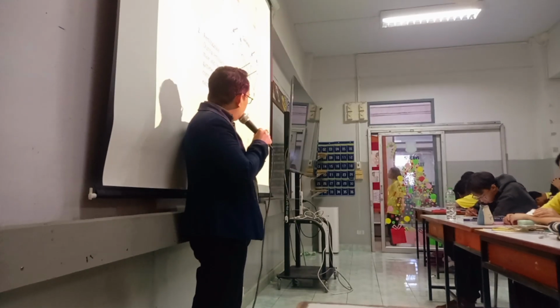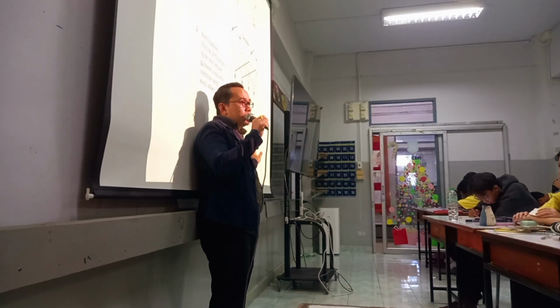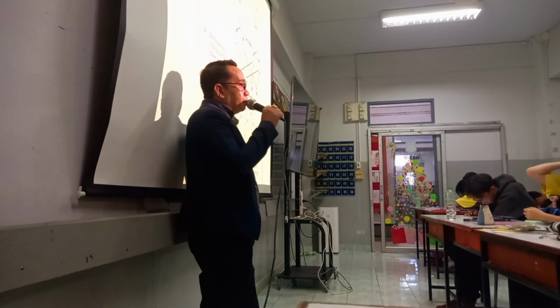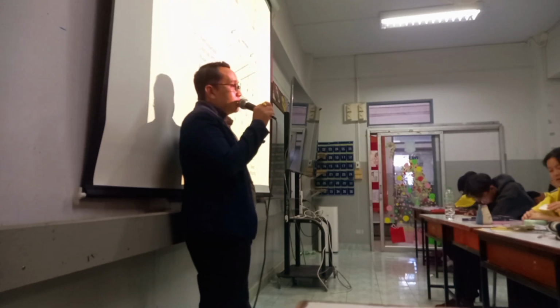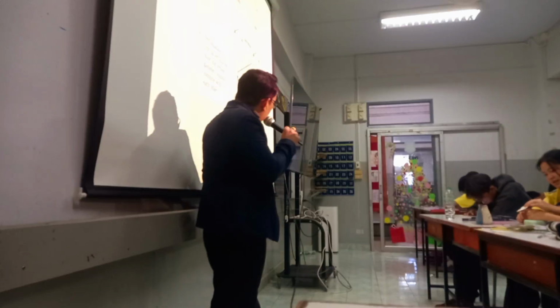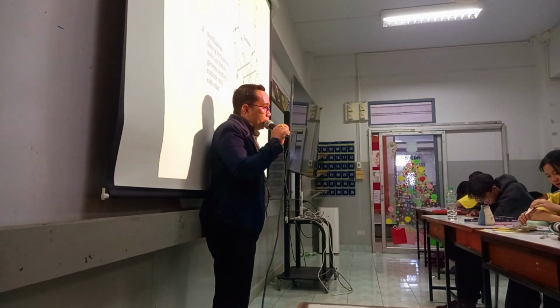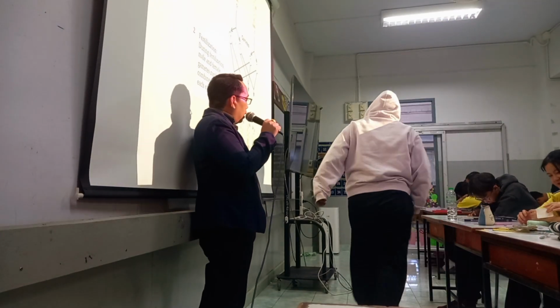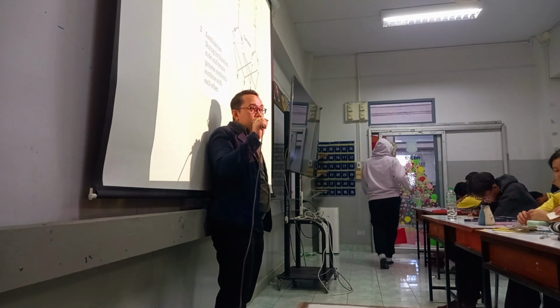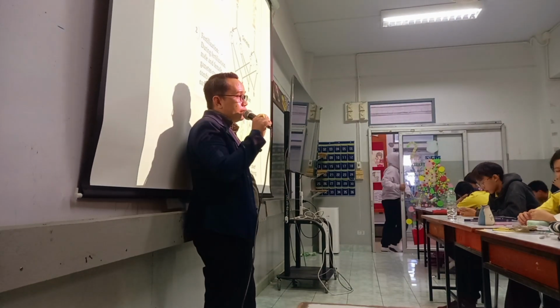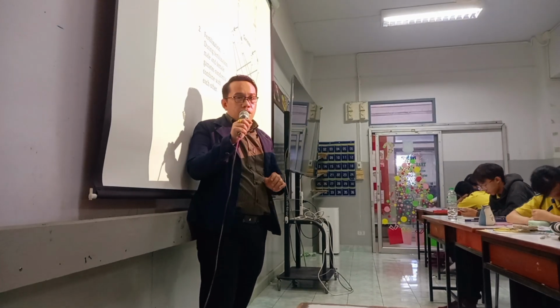I hope you guys understand this. So the possible offspring by crossing between heterozygous and heterozygous parents is 75% tall and 25% short. Simple as that.